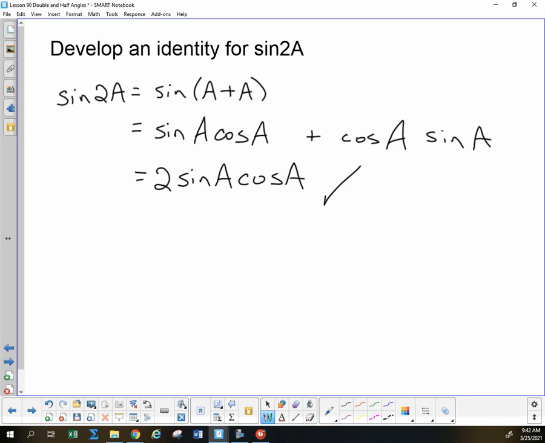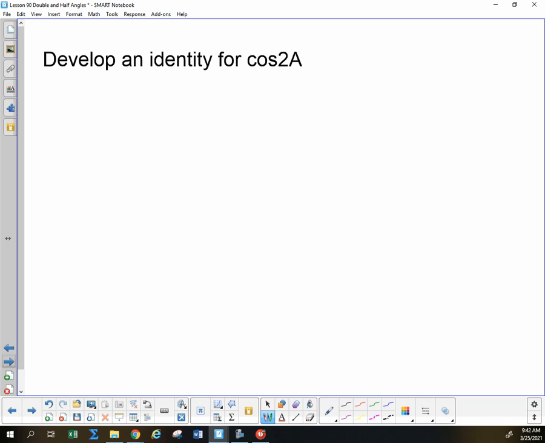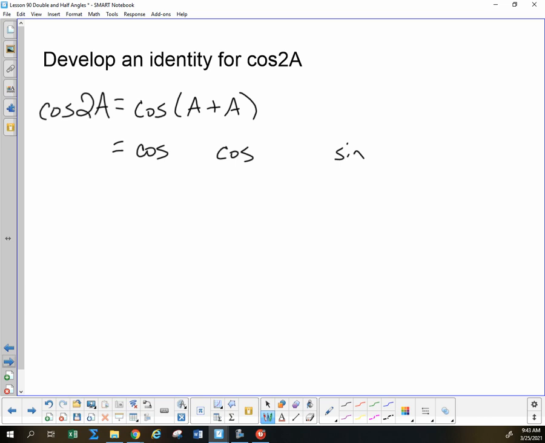Before we do our formula list, let's do the same kind of thing for cosine of 2a. So again, I'm going to start with cosine 2a, since that's what I want to prove. I'm going to rewrite 2a as a plus a. My formula for the sum or difference with cosine is always cosine, cosine, sine, sine. Always keep the angles in the same order.